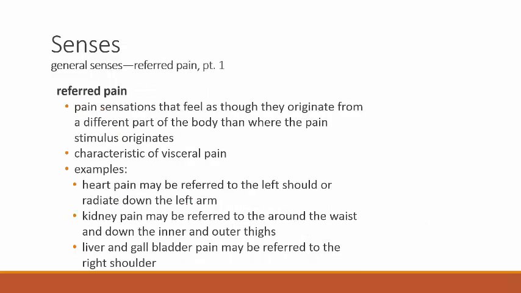Now, our brain does an interesting thing with pain. This phenomenon is called referred pain. There's a good figure in the textbook that shows referred pain. With referred pain, the pain sensations seem to come from a different part of the body than where the pain was actually stimulated. And referred pain can be very characteristic of visceral pain.